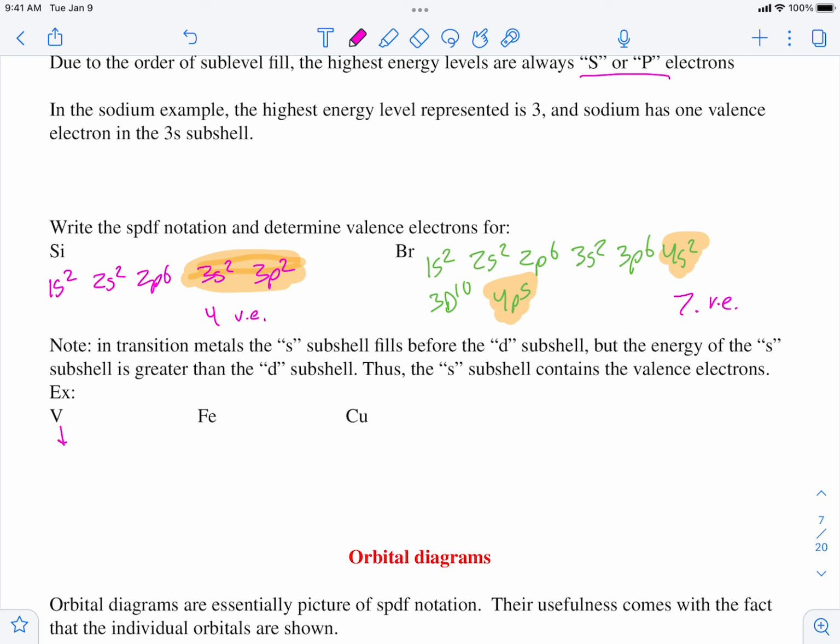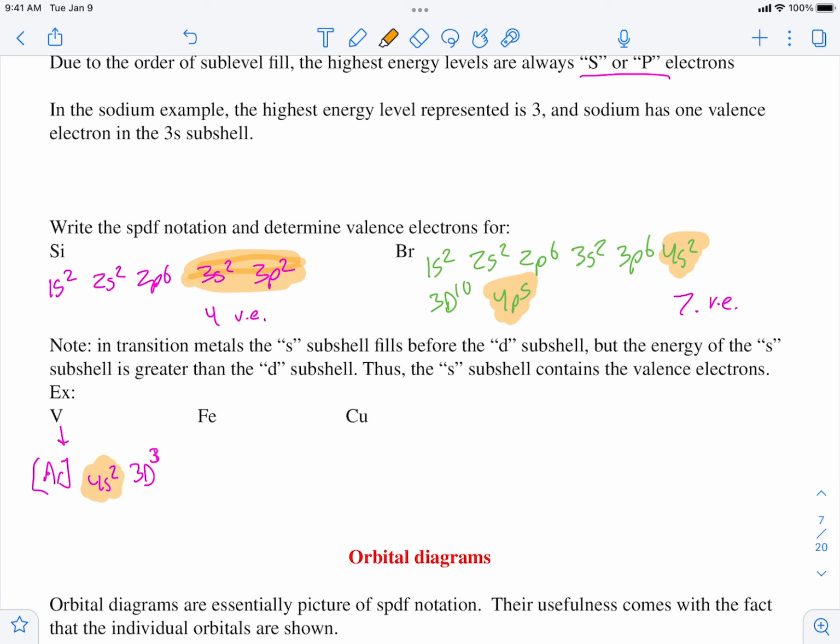Vanadium is element 23. So let's do shorthand for vanadium. So let's say argon, and then 4s2, 3d3. How many valence electrons does it have? 2. Here they are.